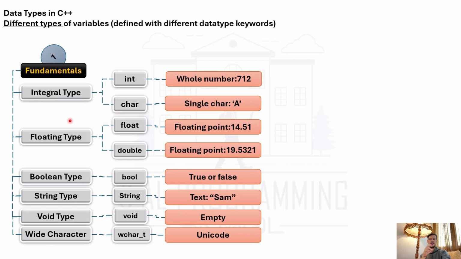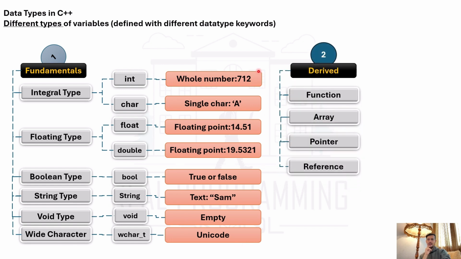But if I want my variable to store a Chinese letter, Arabic letter, French letter, I will use this keyword wchar_t, because it uses the Unicode table, and we said the Unicode table handles all the languages around the world with their special characters. All right.